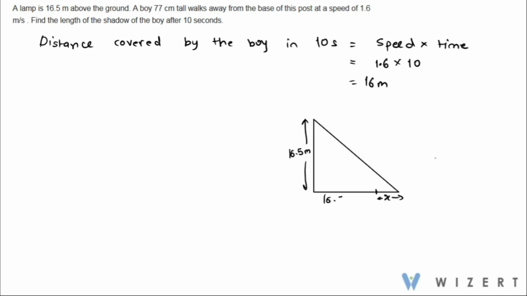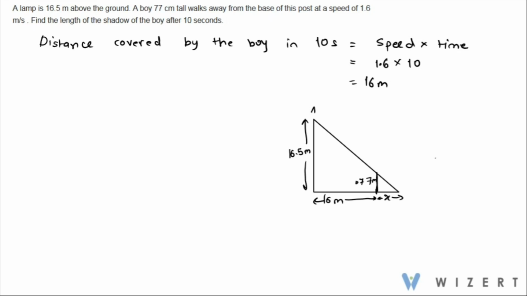This 16 meters is the distance covered by him in 10 seconds. So 16 meters from here to here, and his height is given as 0.77 meter. If we convert 77 centimeter to meters, we get 0.77 meters. So this is the height.